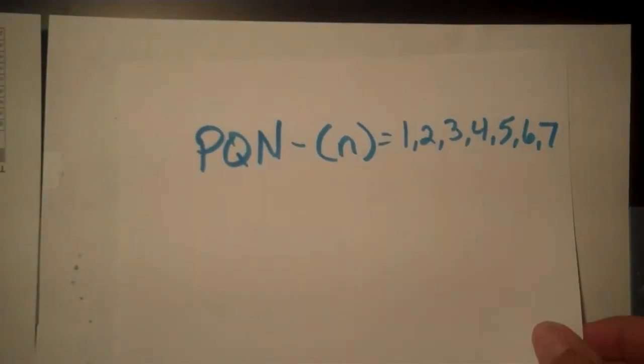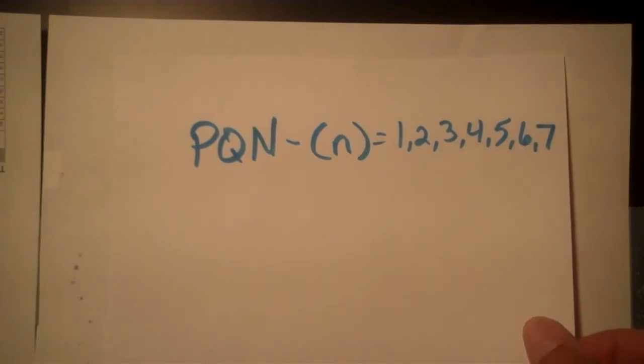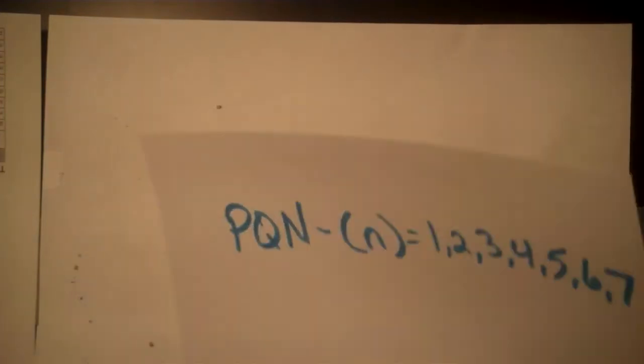We said that there were four quantum numbers. The first one was the principal quantum number, and the principal quantum number is nothing more than just the energy levels. And we said that there were 7 of them: 1, 2, 3, 4, 5, 6, and 7.